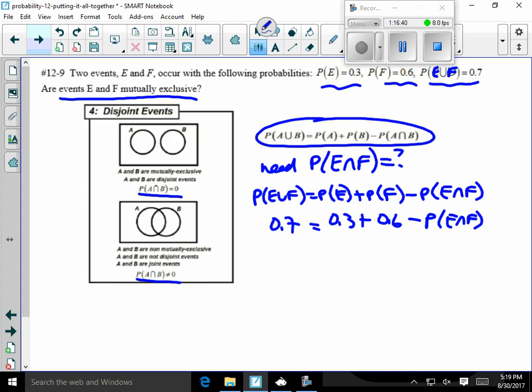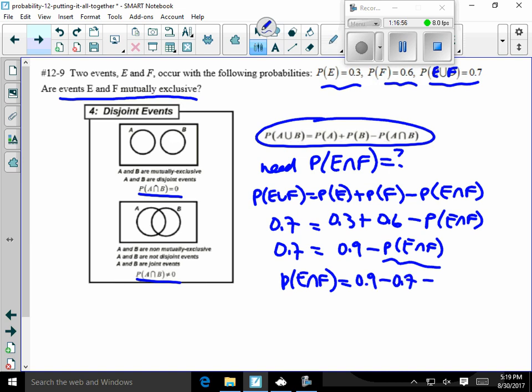We're trying to figure out the probability of E and F. So 0.7 equals 0.9 minus the probability of E and F. I can algebraically solve for this. The probability of E and F has to be 0.9 minus 0.7, or 0.2.